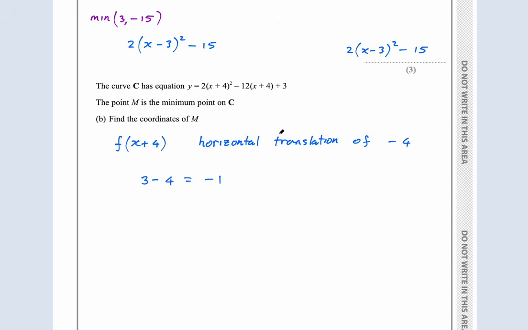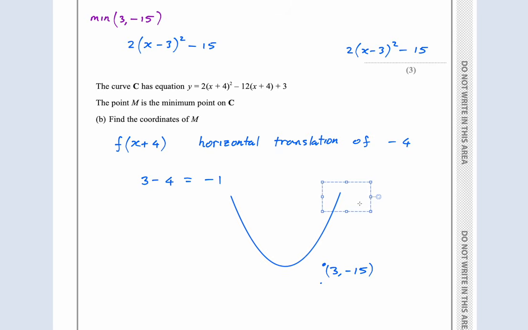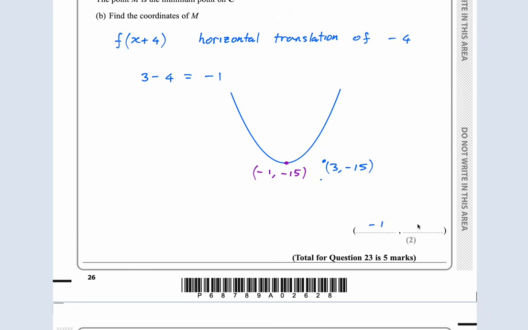So we're moving the minimum, like imagine we have a minimum like this, and if this is at 3, minus 15, and we move the whole thing left 4, well, what happens is the x coordinate changes to -1 and the y coordinate doesn't actually change. Hence, the coordinates are going to be -1, -15.